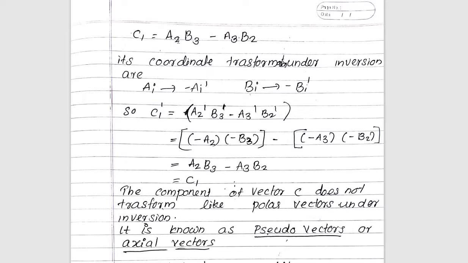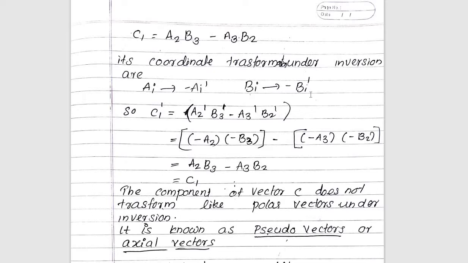A and B are polar vectors. So in general, Ai after inversion becomes minus Ai, that is Ai dash is equal to minus Ai. Similarly Bi dash is equal to minus Bi.